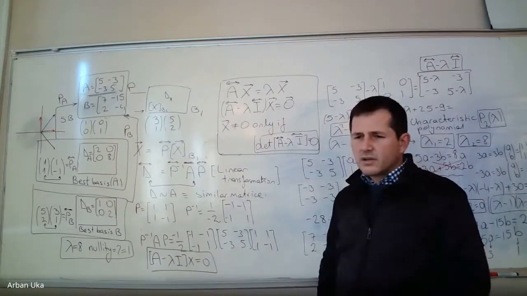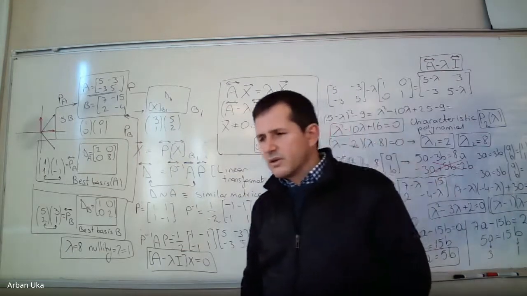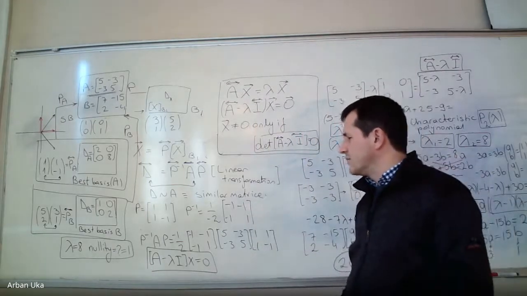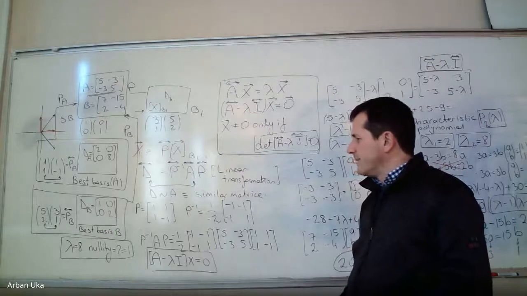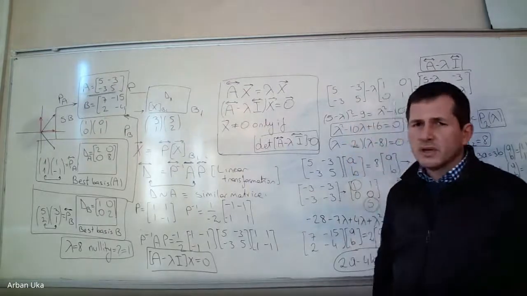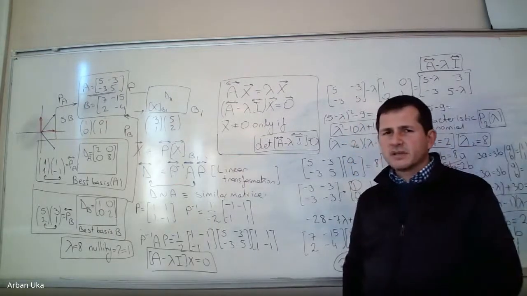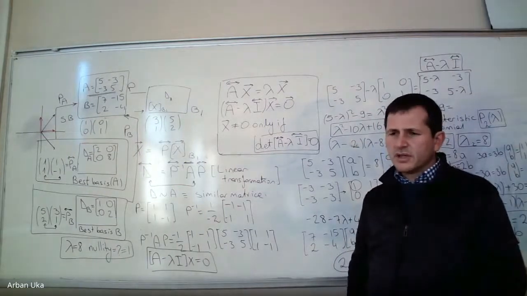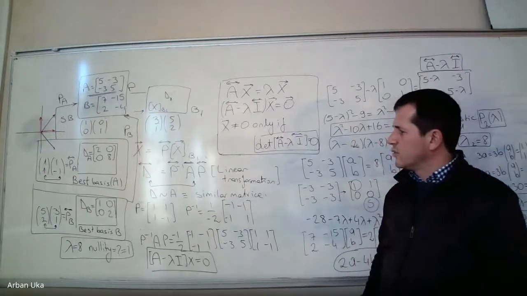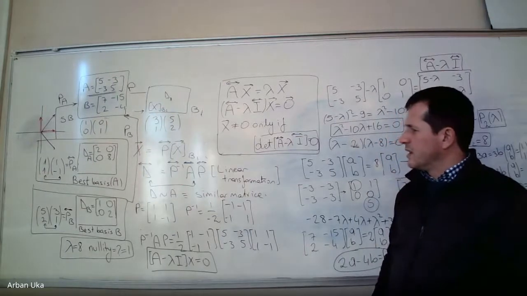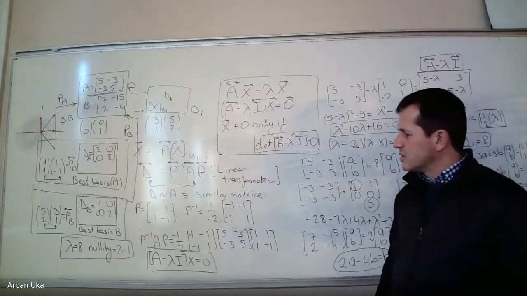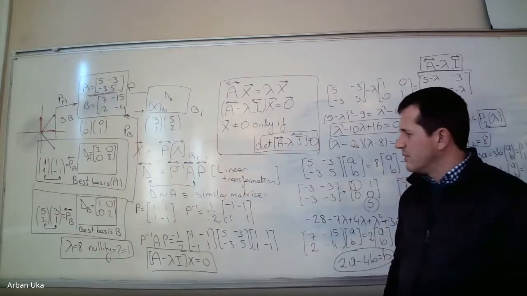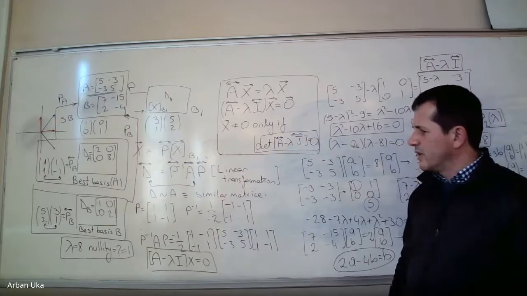Now, the concept of nullity, the dimension of the null space which corresponds to each eigenvalue, is important because it can constitute the eigenspace. The eigenspace is a definition associated with one specific eigenvalue, and it is not always going to be equal to 1, because there could be cases where the matrix A is larger than 2 by 2.